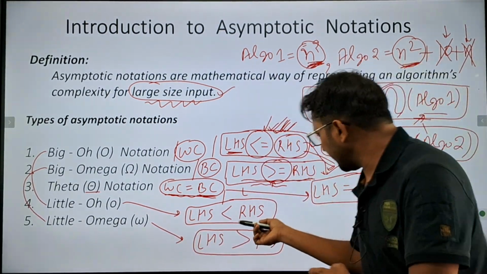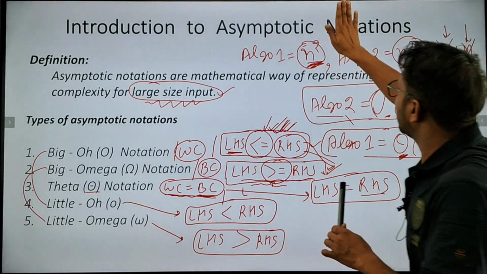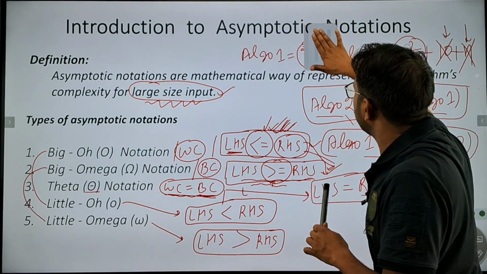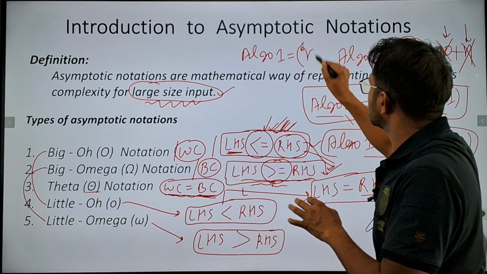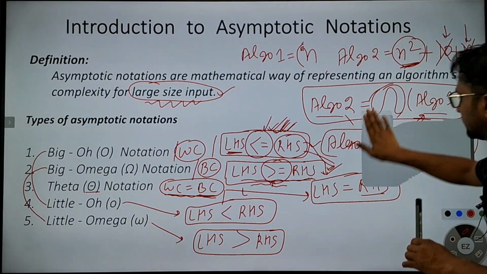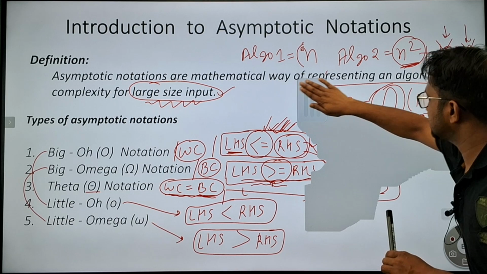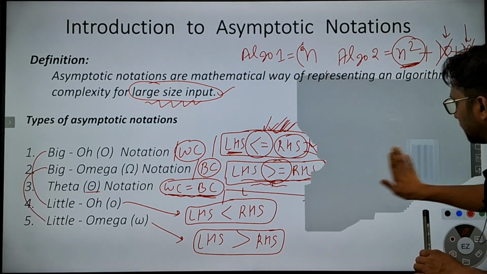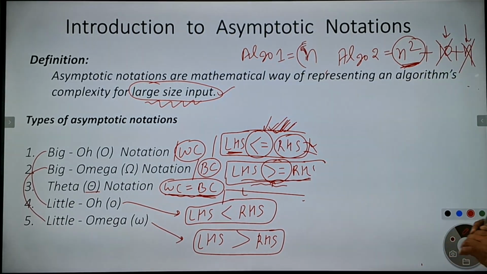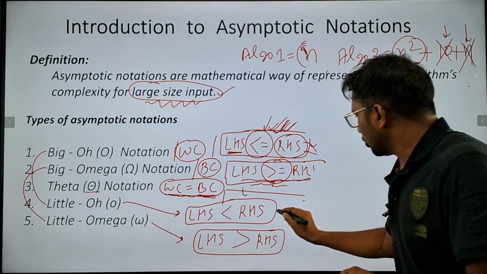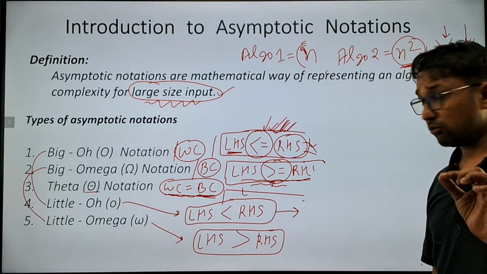For example, if I write n over here, let me erase this part up to here to make space for the explanation. Fine. Let me go through the little o notation.